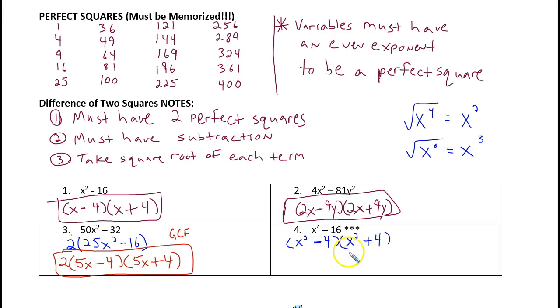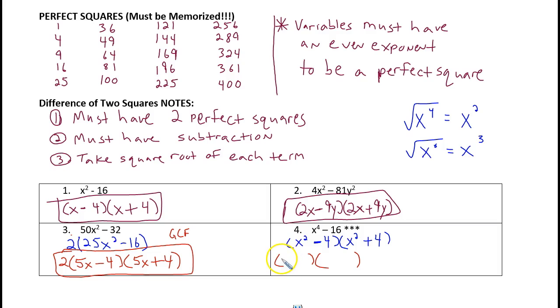Now, since x to the fourth minus 16 factored to give us x squared minus 4 and x squared plus 4, I want you to look closely at these and notice that x squared minus 4 fits this pattern of two perfect squares having subtraction. So we're going to take the square root of those and break them up even a little bit more.